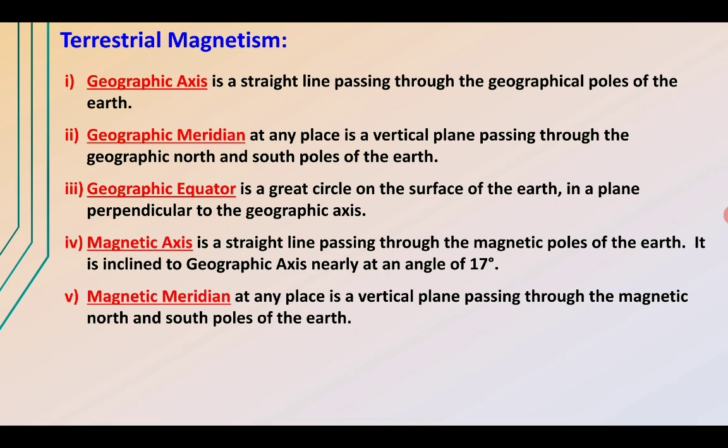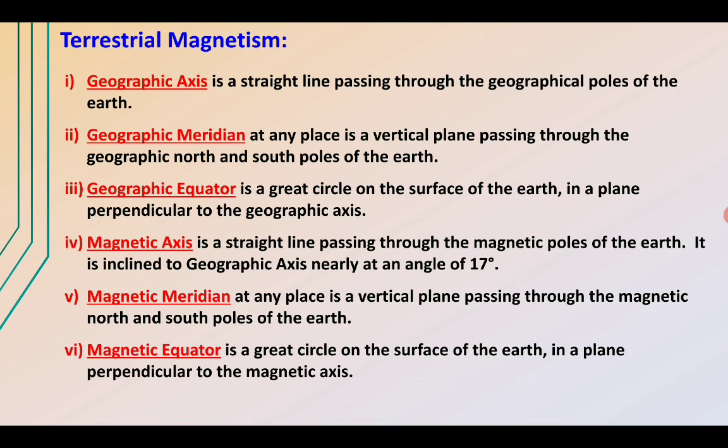And after that we have the magnetic equator as well. Like the geographic equator, we have the magnetic equator. This magnetic equator is a great circle on the surface of Earth in a plane perpendicular to the magnetic axis, and all the points on this magnetic equator are at equal distances from the magnetic poles as well. Now, after these basic definitions for Earth's magnetism, we have some elements of Earth's magnetic field.